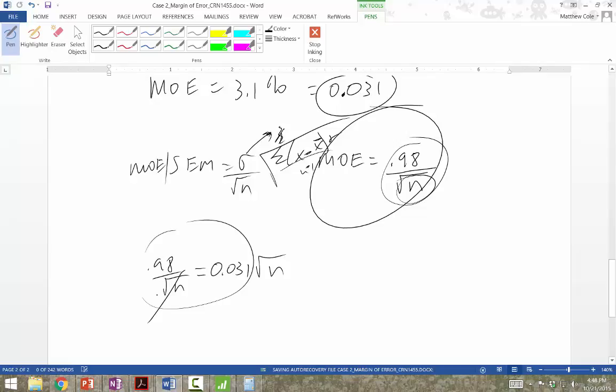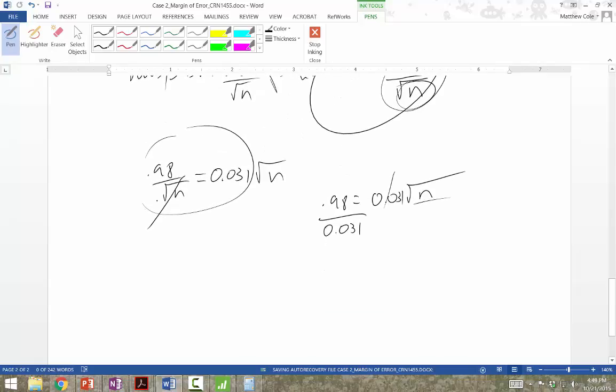That cancels out the square root of n here. So now we have 0.98 equals 0.031 times the square root of n. Now we divide both sides by 0.031 and we end up with 0.98 divided by 0.031 equals the square root of n.